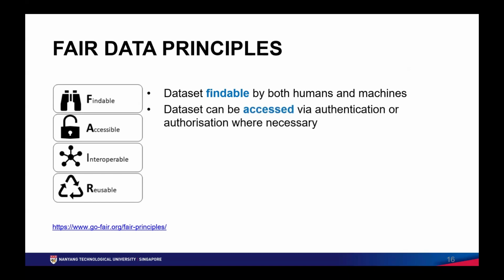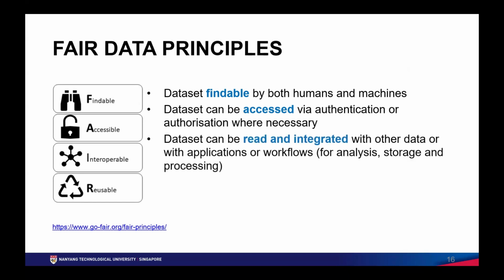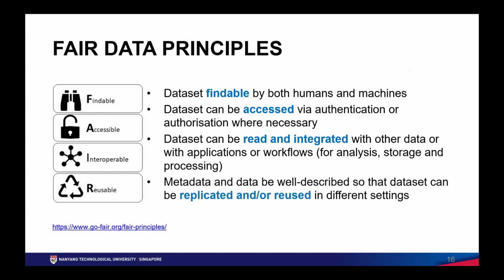Your dataset should be able to be accessed by authentication or authorization when necessary. The dataset should be readable and integrated with other data or with applications or workflows for analysis, storage, and processing. And finally, the data should be reusable so that it can be replicated or reused in different settings.